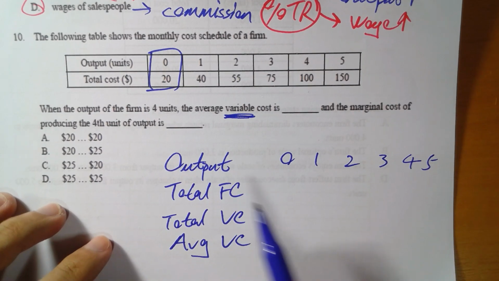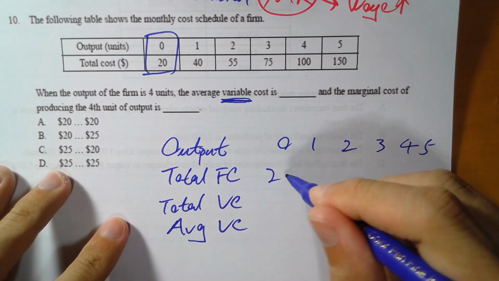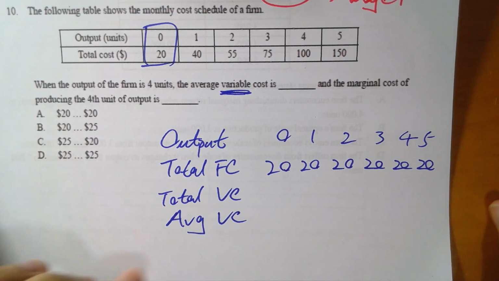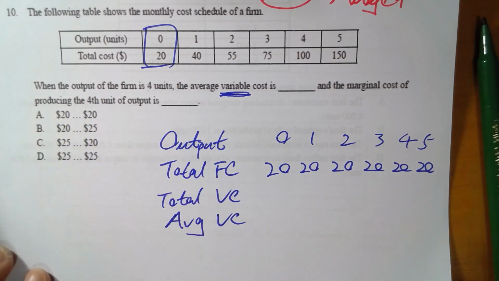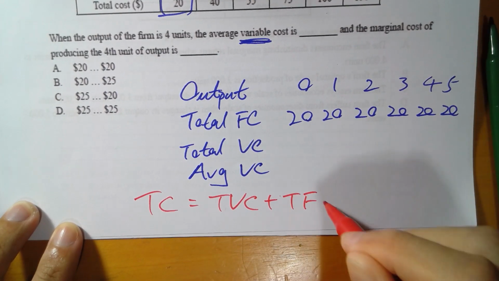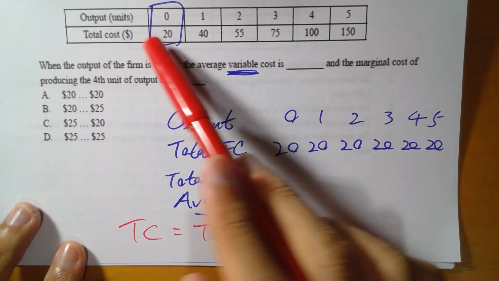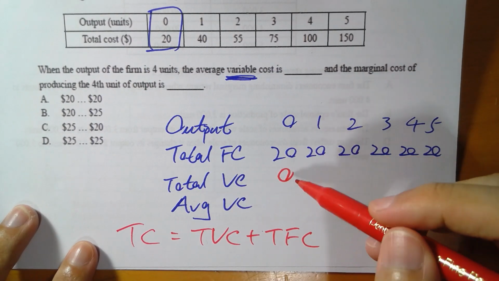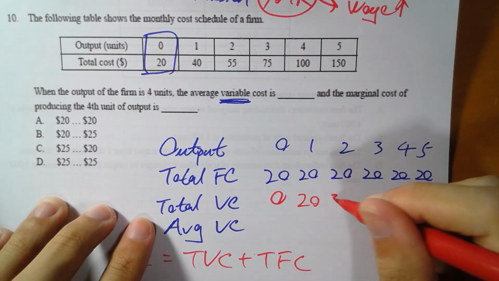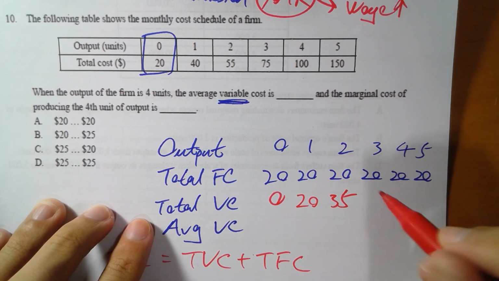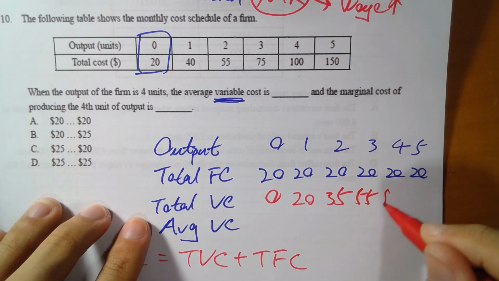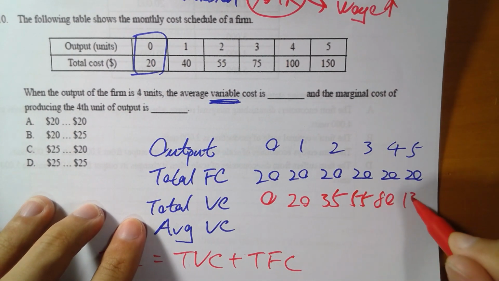Okay, now, here, fixed cost always remains unchanged. Now, variable cost, remember, total cost equals total VC plus total fixed cost. Okay, so first one 0， 其實唔使諗啊，唔做有冇 variable cost 啊？冇。Then this one 20, 35, 55, 睇下先，80 and 130.